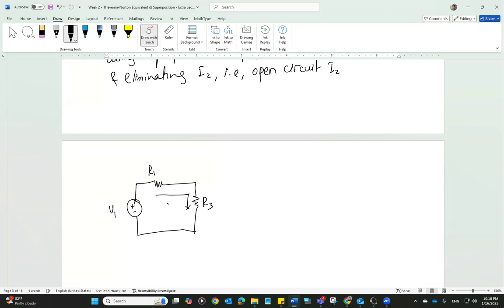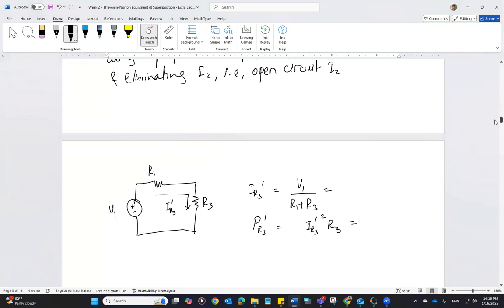Let's call this IR3 prime. So IR3 prime will simply be V1 over R1 plus R3. And once we have IR3 prime, we can calculate the power. PR3 prime due to only V1 will be IR3 prime square times R3.